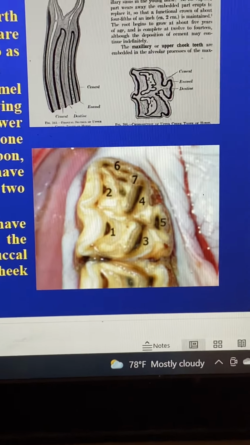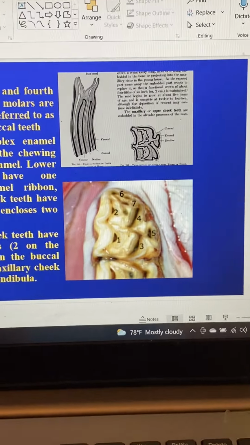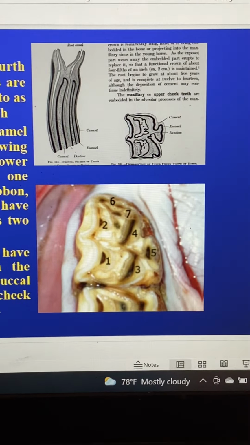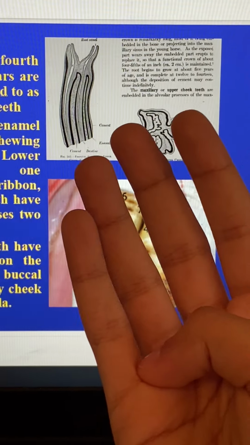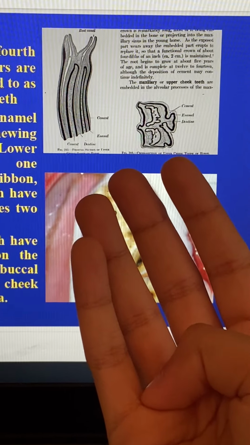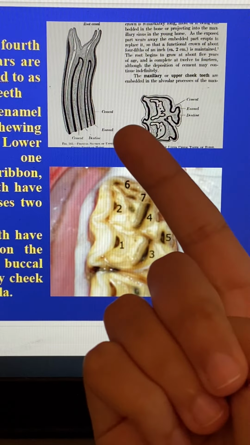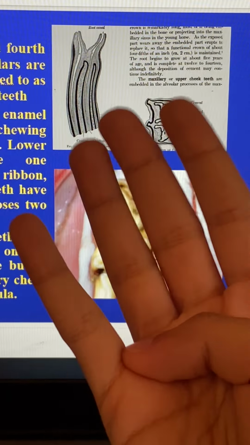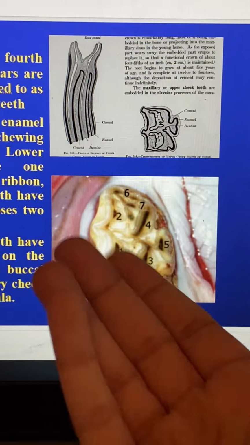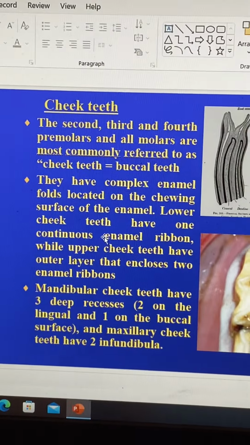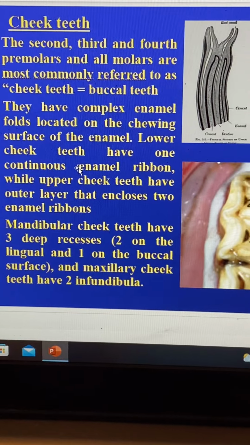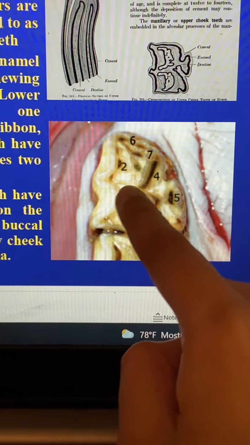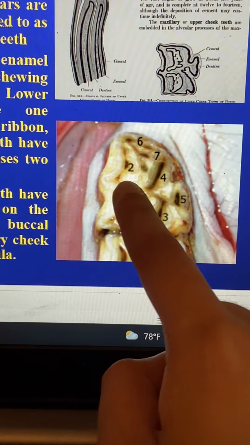They honestly look hideous to me, but let's discuss this. So the second, third, and fourth premolars and all molars are all referred to as cheek teeth or buccal teeth, because obviously they're in the cheeks or buccal area, and they have complex enamel folds, as you can see, on the chewing surface of the enamel.